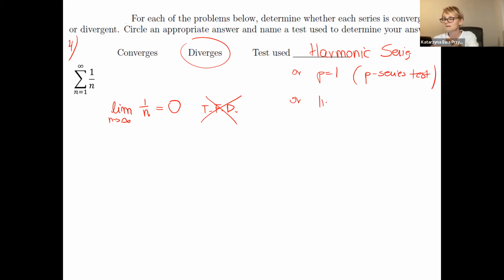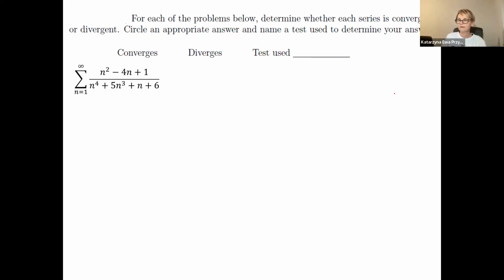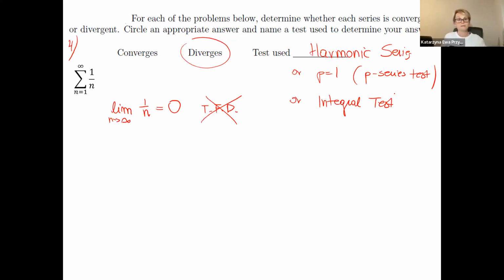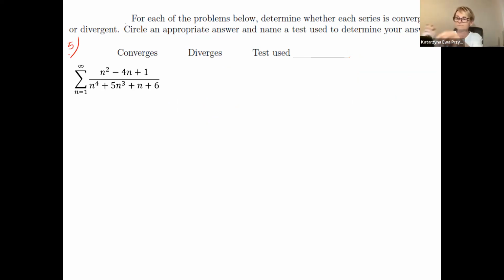Or we can say integral test. Yes, integral test, because we may still integrate 1 over n, it is positive, continuous, and decreasing, and then we can integrate, and the integral will be divergent. Yeah, that's when you can say anything. But I'm not going to use the integral test because we know that it's divergent, harmonic. Okay, example number 5.